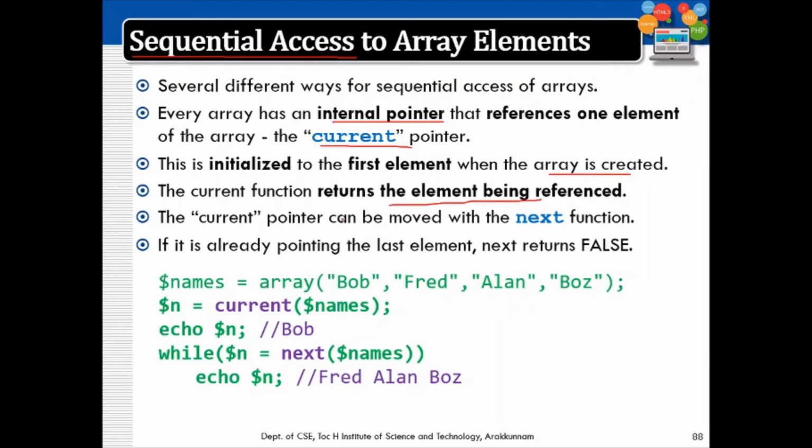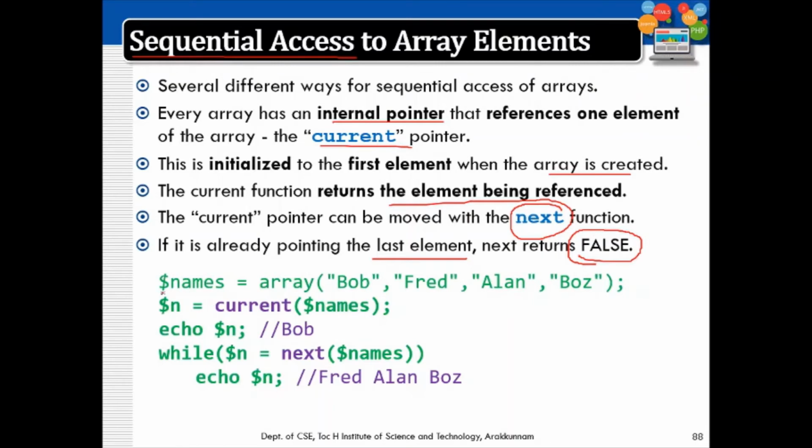So you can understand that initially the current will point to the first element of the array. So we can use a function called next to move on to the next element in the array and to display that. When it reaches the last element, it returns false as its value. So you can use this method to have sequential access to array elements.